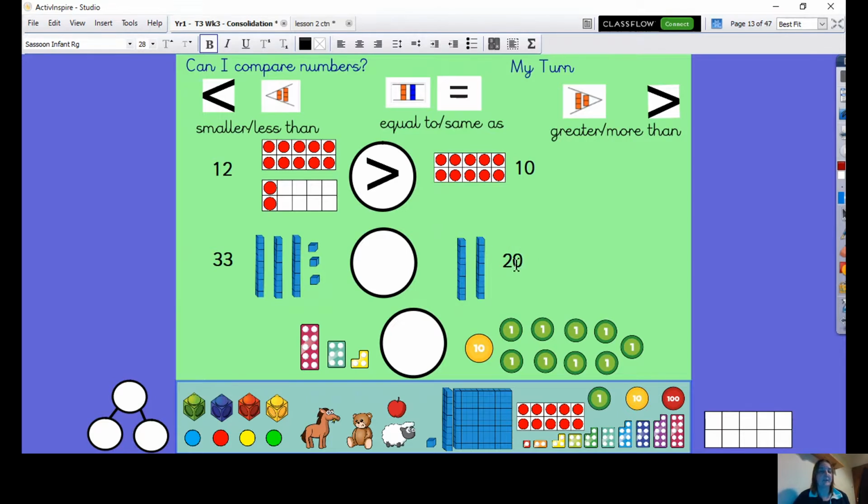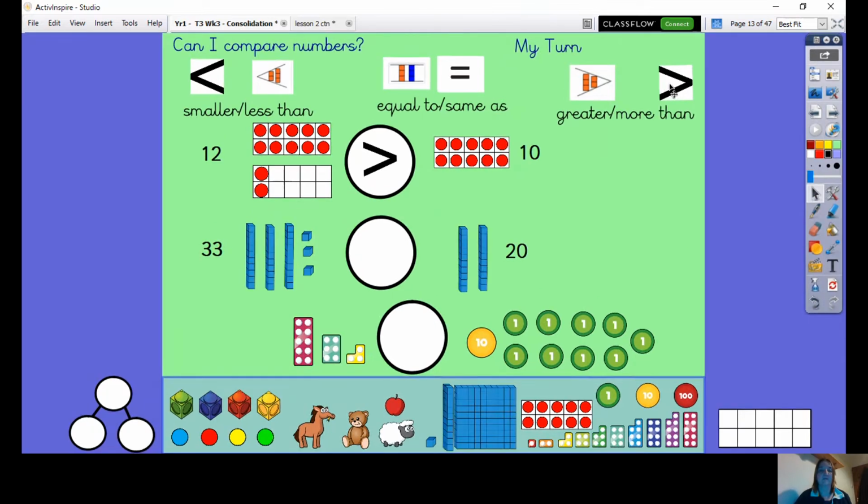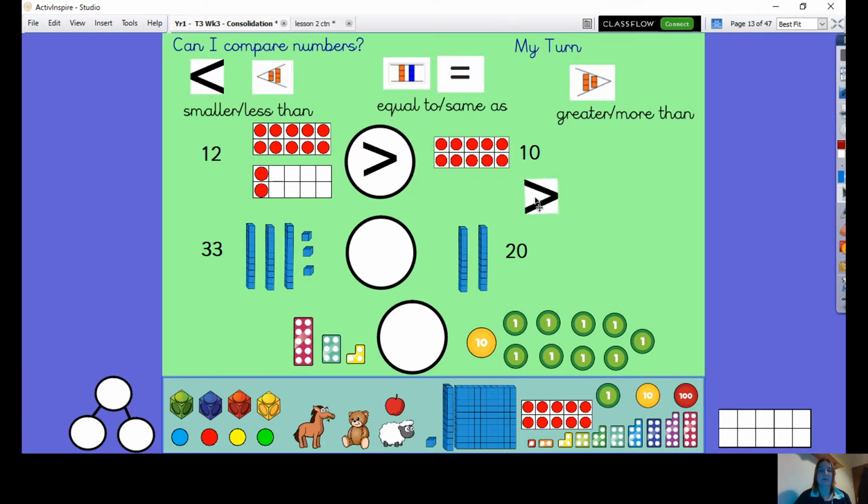If I didn't have the 0, I'd just be writing the number 2. But they're not 2 ones, they're 2 tens. 2 tens are 20. So I know that 33 is greater than 20.